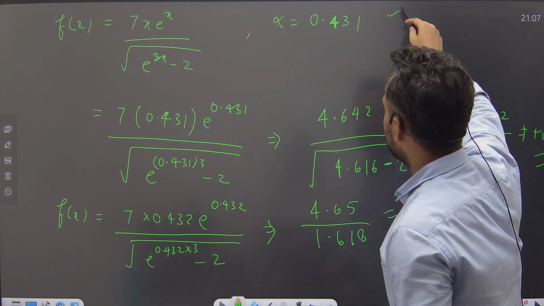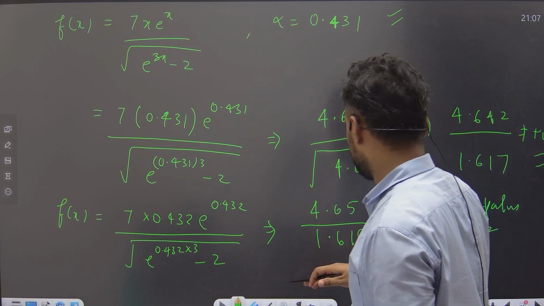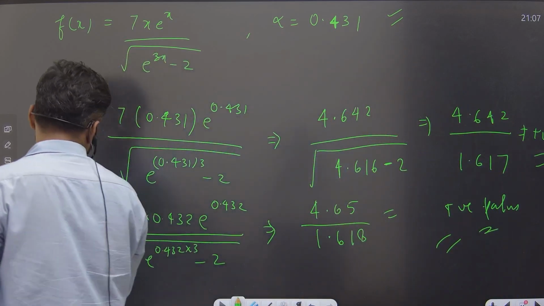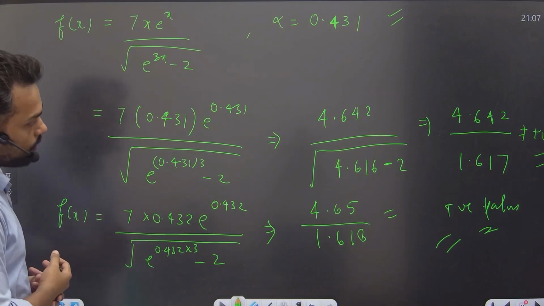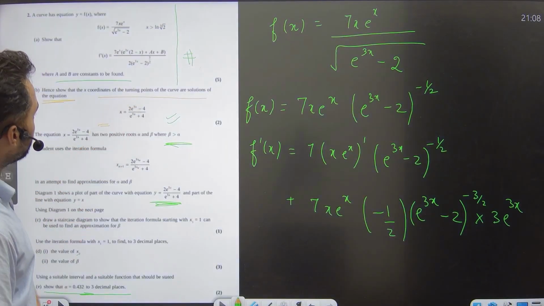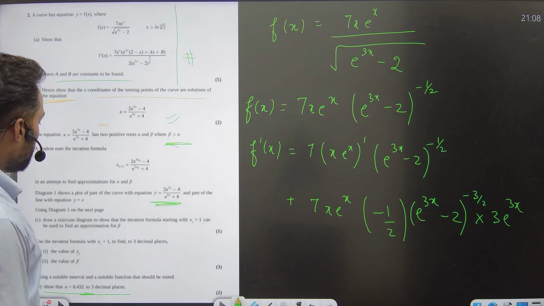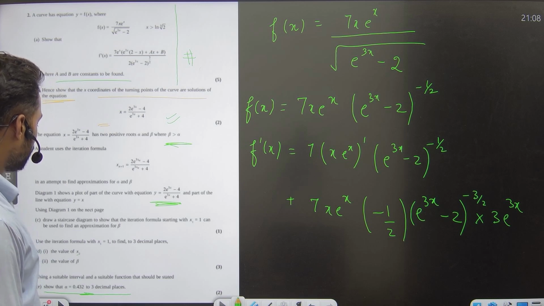This we have plugged in the value 0.431 here in this particular function to get the value here. So we can see that we are getting the positive value. In case we are keeping this value here, x equals 2 e raised to the power 3x minus 4, beta we have got.